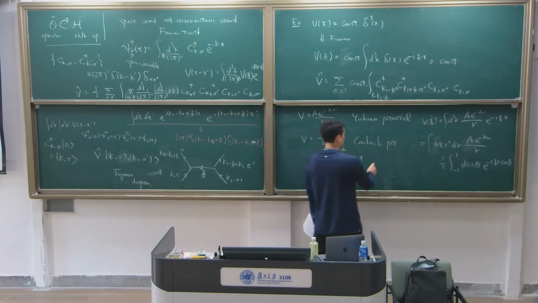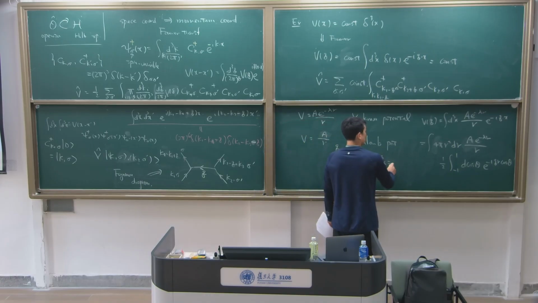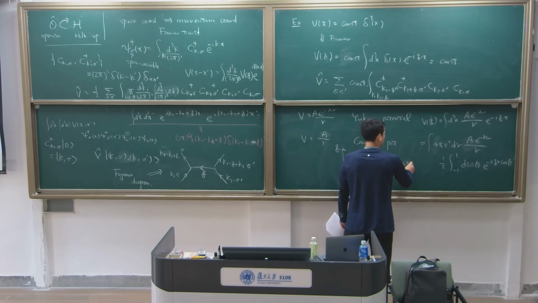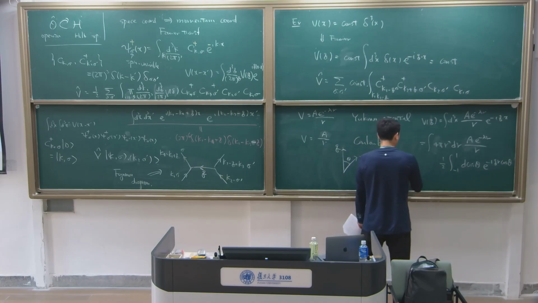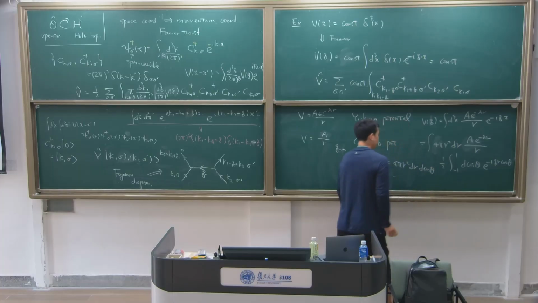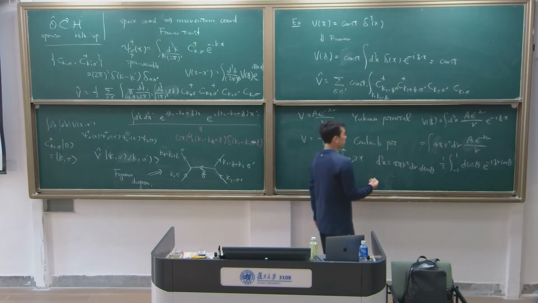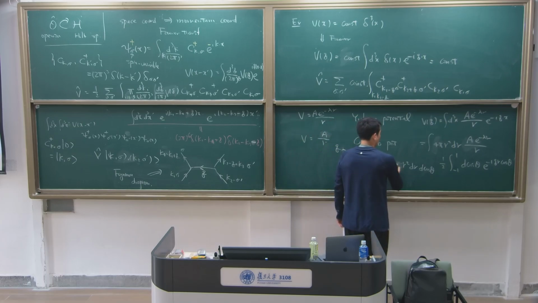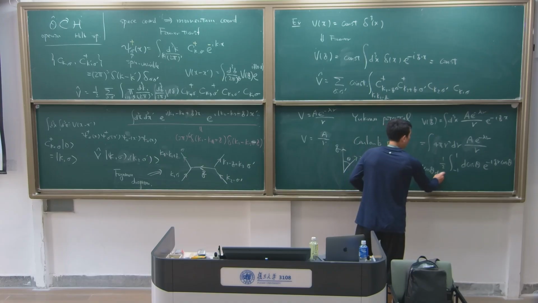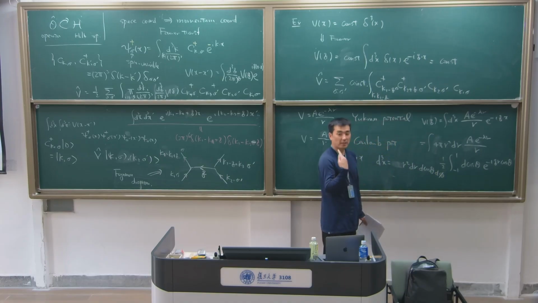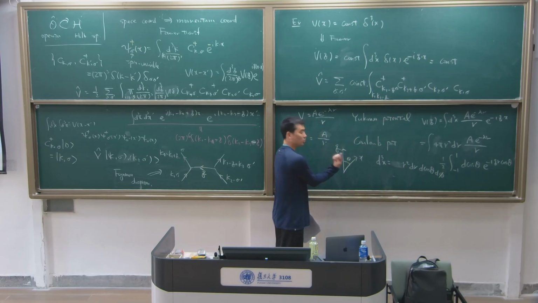Of course, d cube x is equal to r squared dr d cos theta d phi. But now there is no phi dependence, it's rotationally invariant around q.